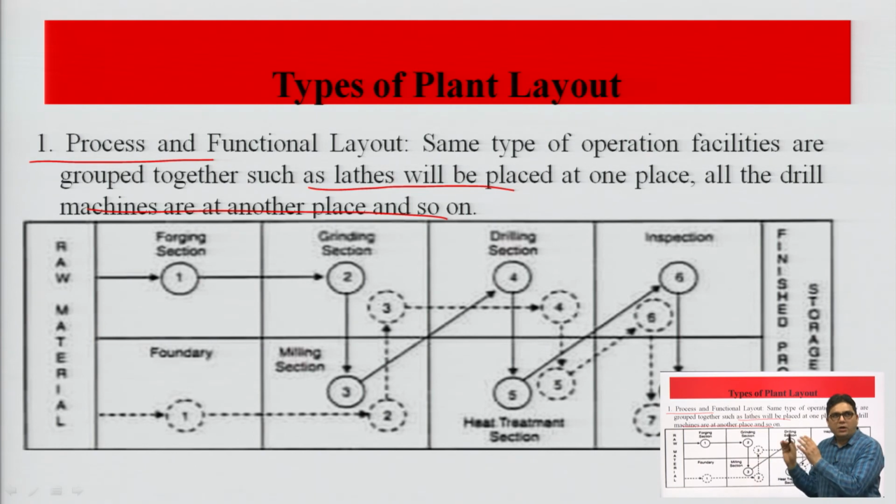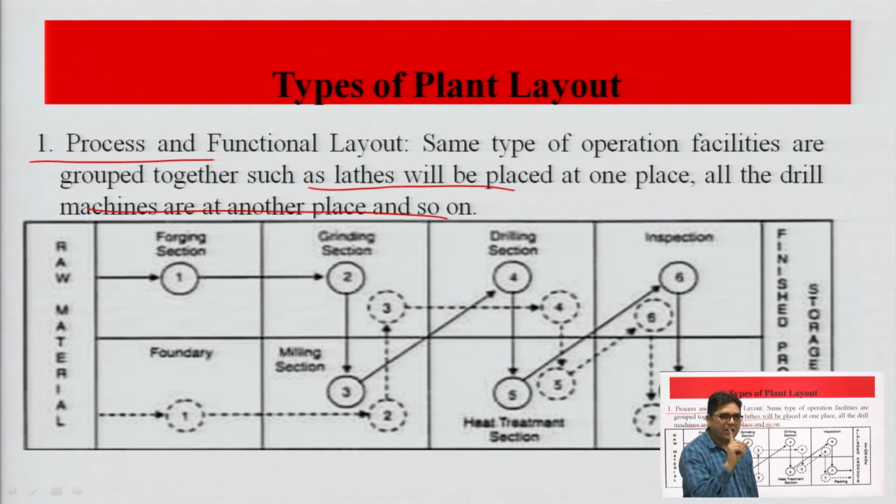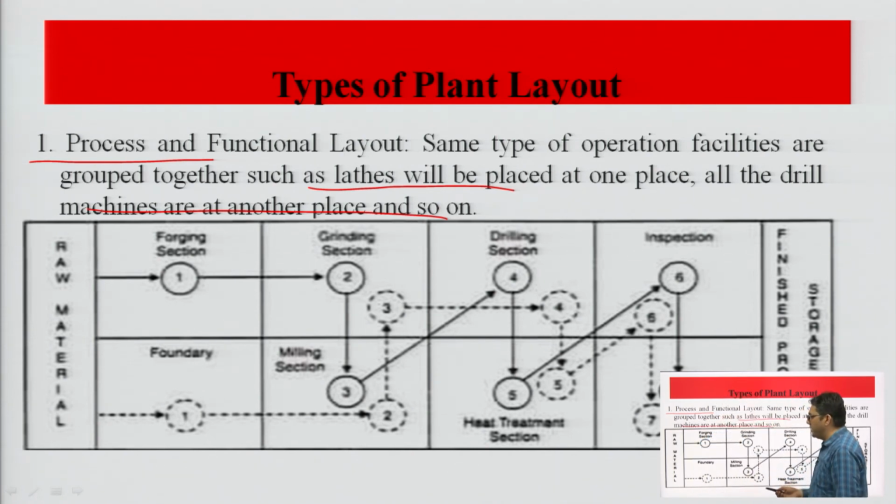So, in the process layout, work of a similar or identical nature is going to be at one place, and work of a different nature or different activity will be at another place.